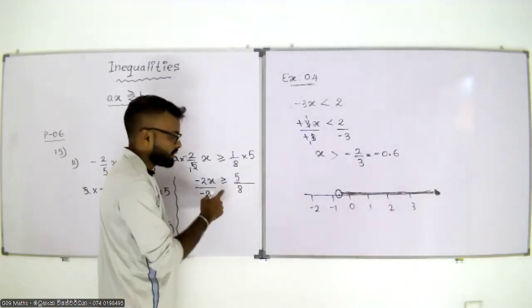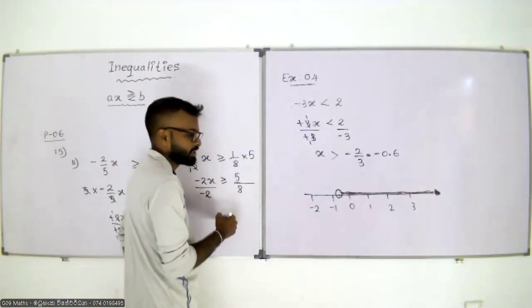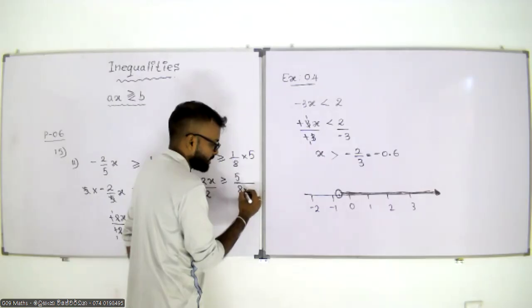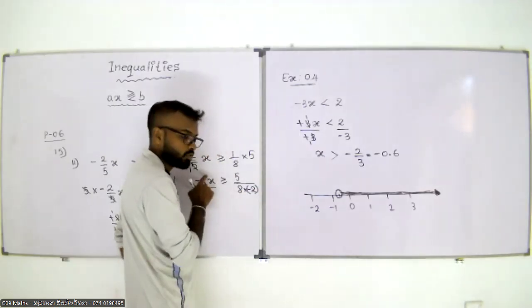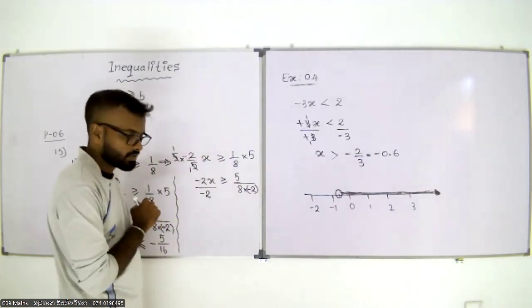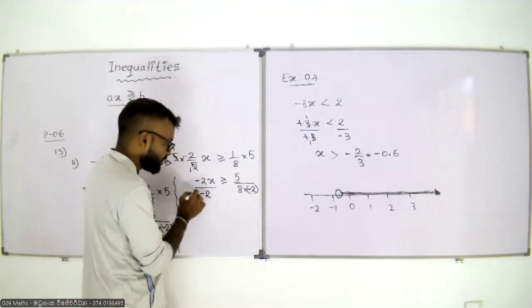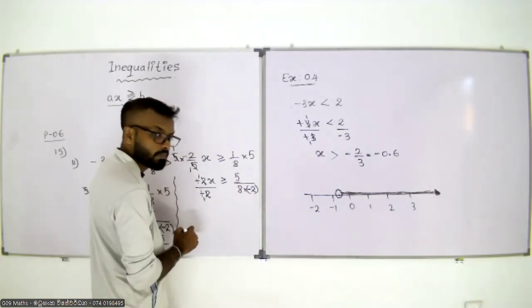There is a logic, and I have explained that logic a few more times in the theory class as well. So negative 2 goes to the denominator on both sides. Negative divided by negative is positive. 2 times 1, 2 times 1.